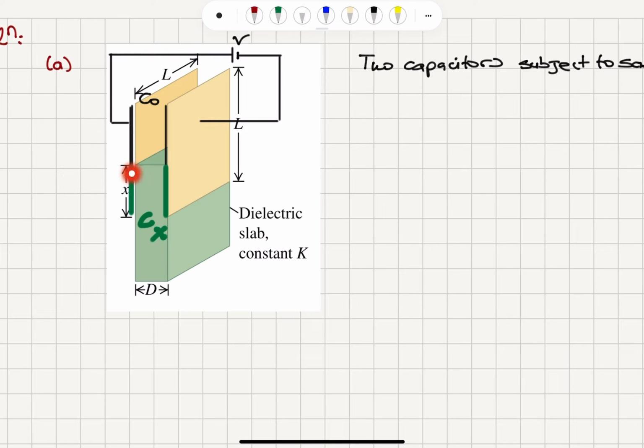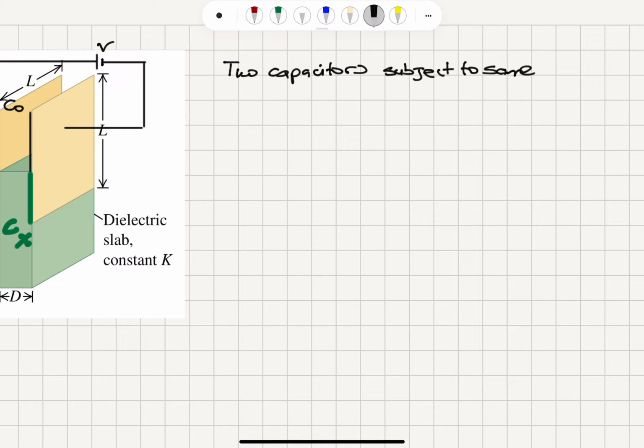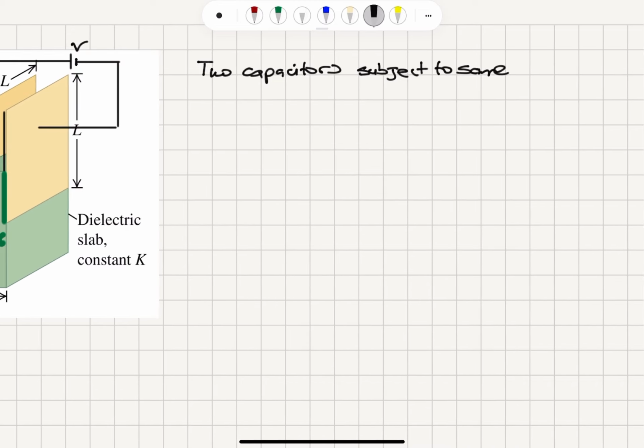And this has dimensions x and capital L. And the dielectric thickness is capital D. So we have basically two capacitors C0 and Cx that are subject to the same potential difference.